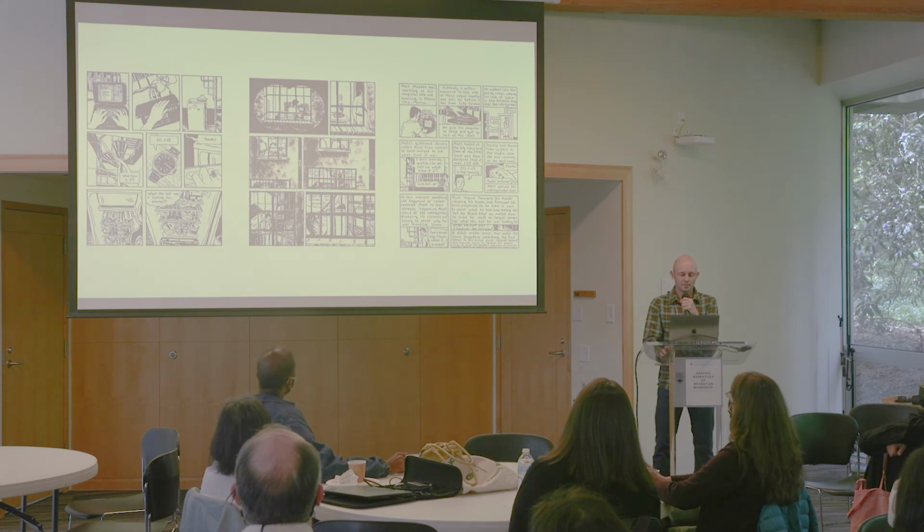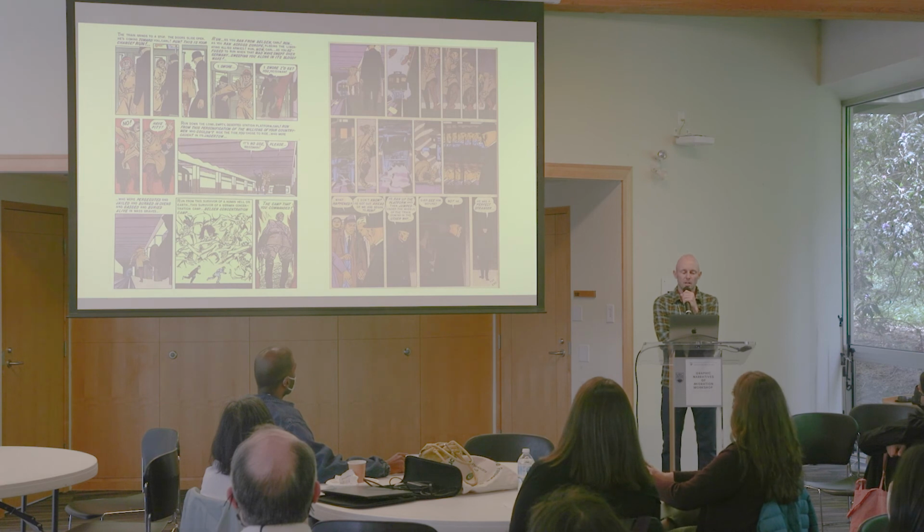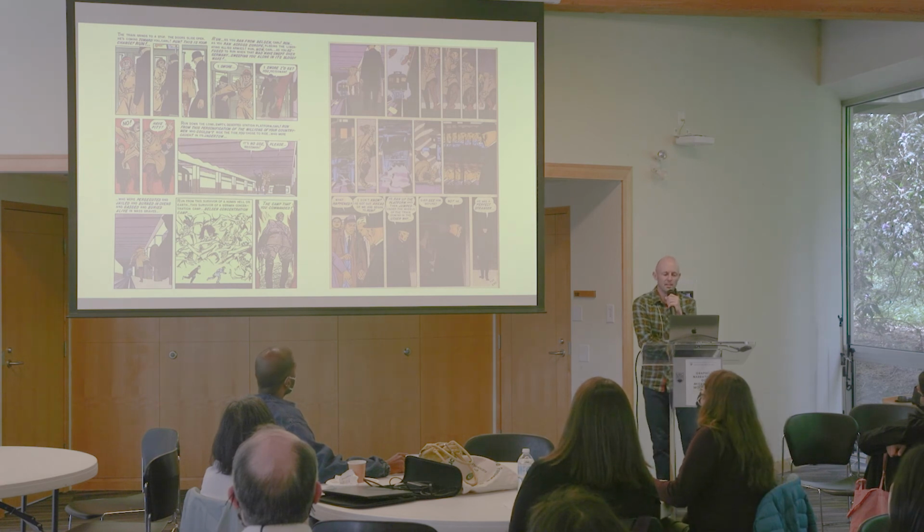So maybe some of you also read, I sent you a short, really close reading of this old comic called Master Race. And I think it's such an excellent example of just how much is going on in just about any comic, right?